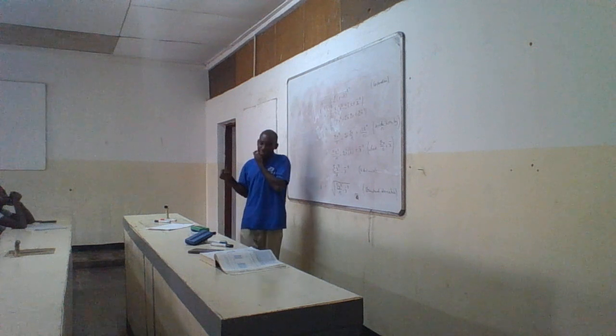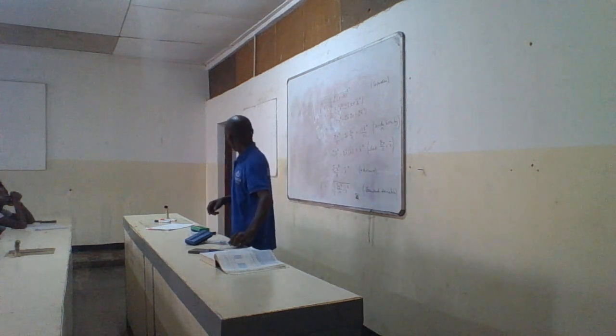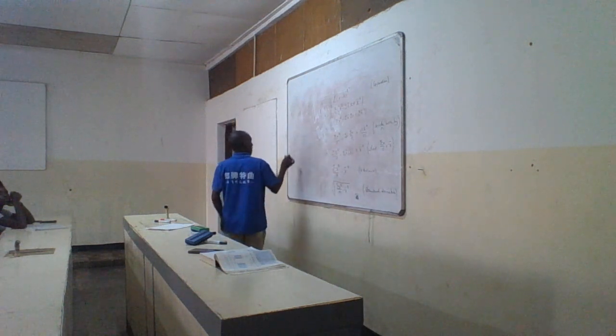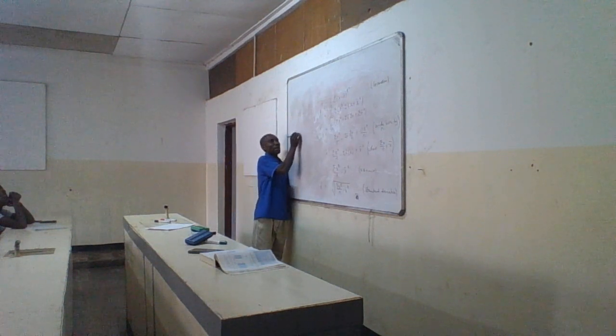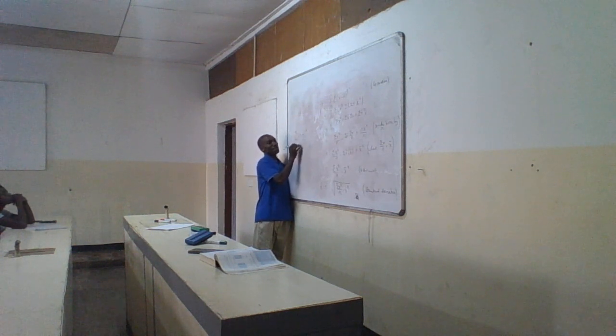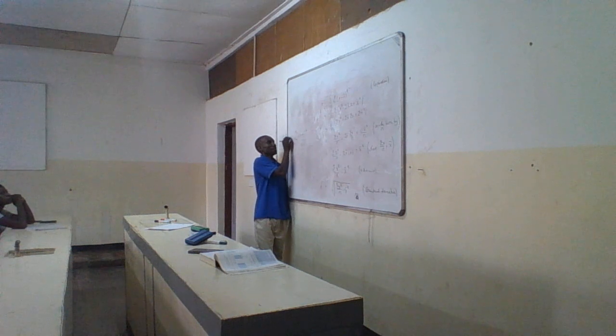In other words, last time we had to use the sum of x minus x bar squared over n to find the variance.